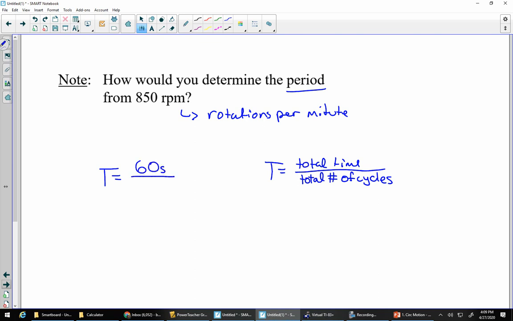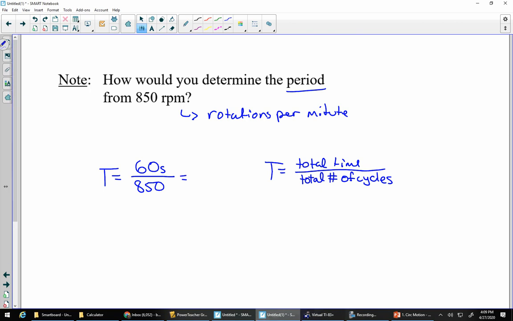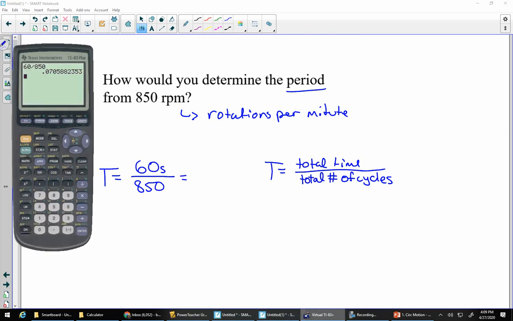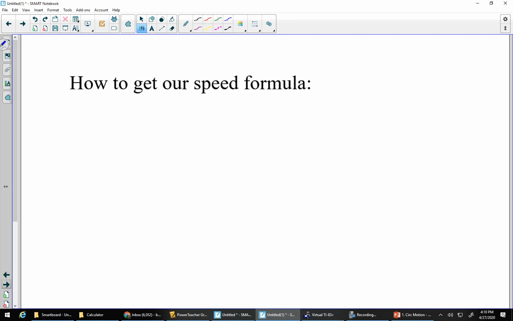And the total number of rotations in that time is 850. I would divide that out. I'd get my calculator. I do 60 divided by 850. And I'd end up with a period of 0.706. Cool. All right, so that's not so bad.